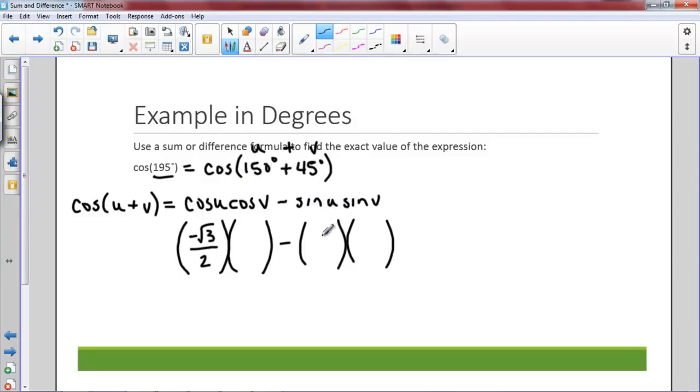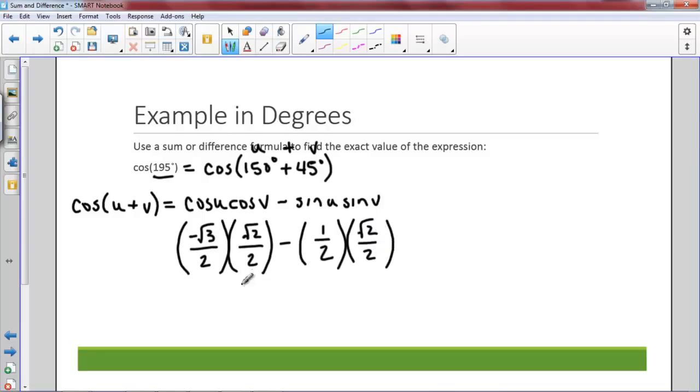So the sine of 150 degrees is 1/2. Now if we want to go to the cosine of v, which is 45 degrees, we know that's root 2 over 2. Sine of v, which is 45 degrees, that is also root 2 over 2.